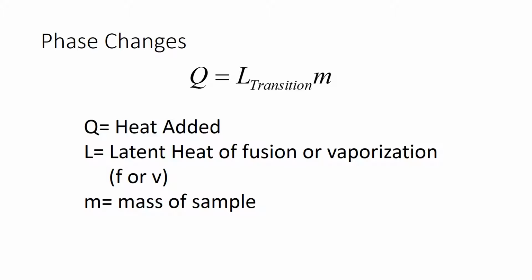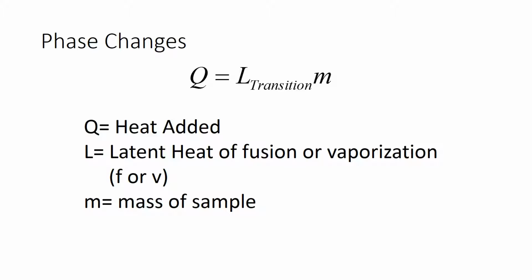Here we have all of that displayed in a nice compact formula. The amount of heat, Q, is equal to a constant that is related to the material involved. It's called either the latent heat of fusion or the latent heat of vaporization. And we abbreviate that usually with either an L sub F or an L sub V. Some texts use an H sub F or H sub V, but we're using L's.